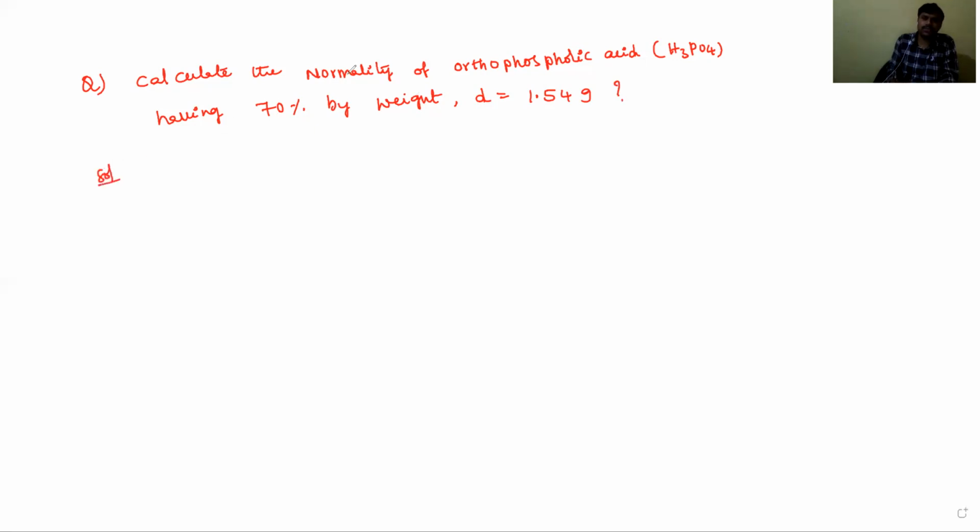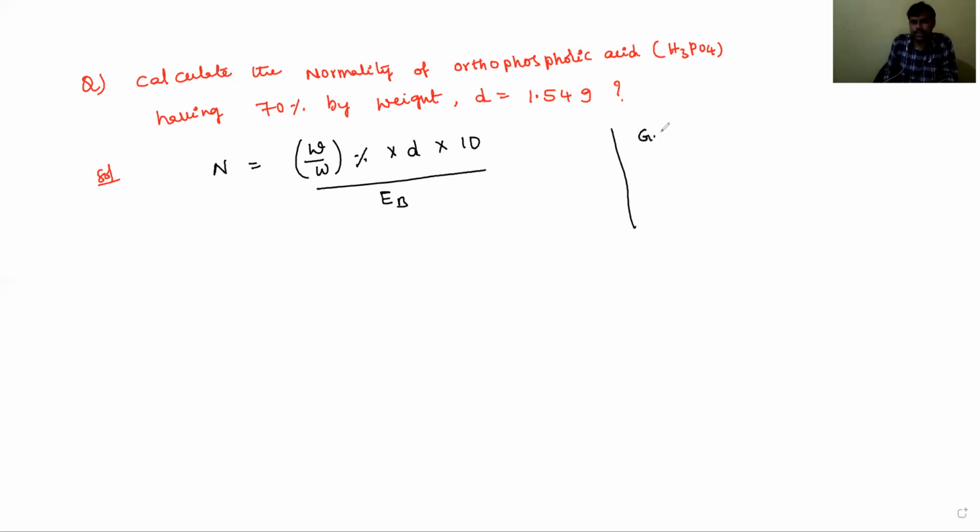So for the answer, let's see, dear students. The formula is: normality is equal to weight by weight percentage into density of the solution into 10 divided by the equivalent weight of solute, EB. The equivalent weight or gram equivalent weight of solute, EB, is equal to gram molecular weight by n factor.